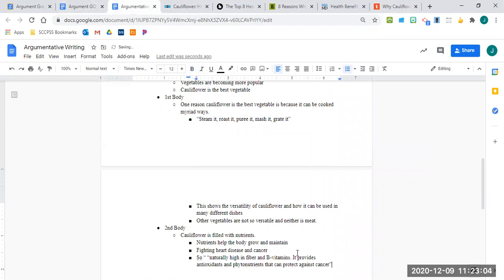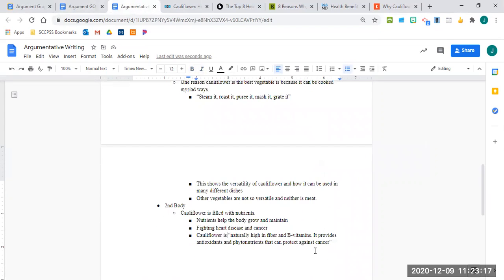Control Shift C, actually, so cauliflower is... bam. Shows how, remember to explain it. This shows how cauliflower is most beneficial to a healthy lifestyle.